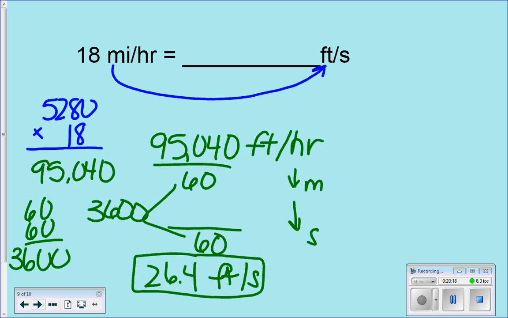Yep. That's the way I like to do it because I like to see all my steps. But you know what? We're going to do a practice one from the book. Does that sound all right? Kind of one like this? There might be one kind of like around number 11, I believe. I think number 11 is miles per hour to the nearest feet per second.